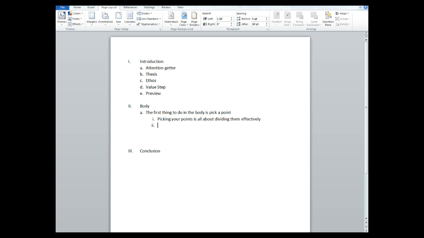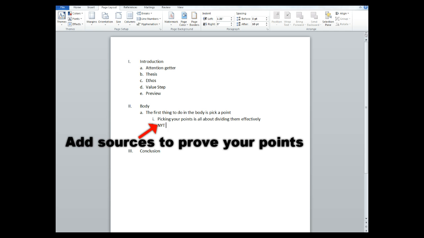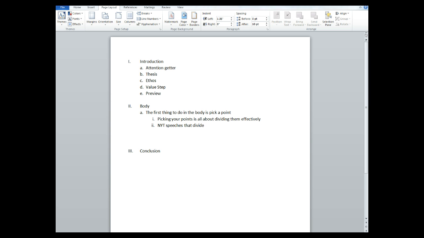Now I could maybe add a source. So according to the New York Times, I'm using a shorthand here, speeches that divide points are good, whatever. And I would probably actually put that under this, since this is material specifically for that point.